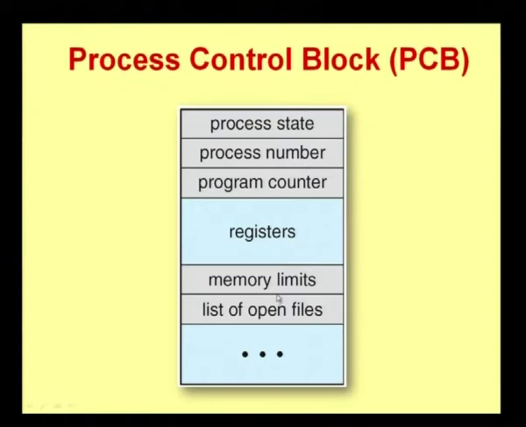Now we will see how a CPU executes or switches from one process to the other process. Supposing a higher priority process comes in, as I said earlier, how does this process get interrupted, how is the execution given to the other process, how does the other process complete, and how does this particular process then complete its execution?